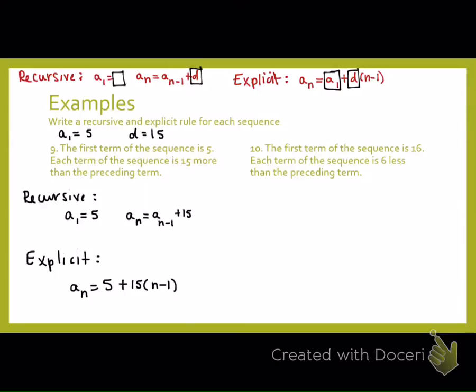Okay, the next one says the first term of the sequence is 16. Each term of the sequence is 6 less than the preceding term. Each one is 6 less than the preceding term. So my a sub 1 is what, Olivia? And what's the common difference?